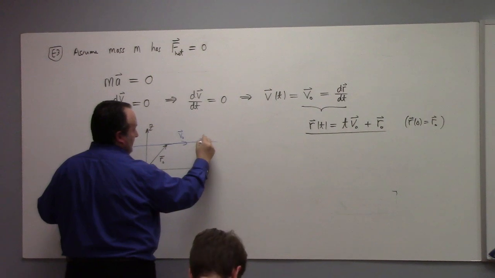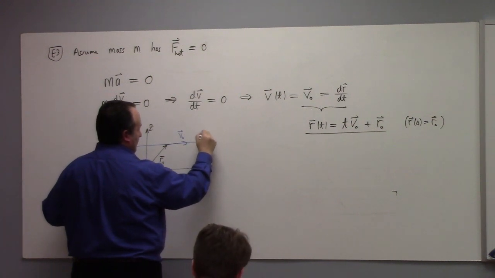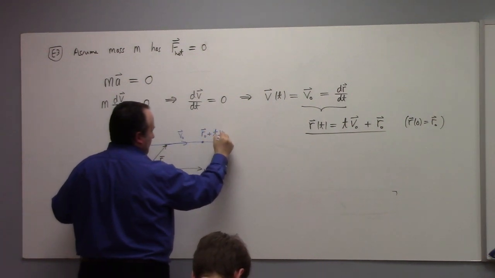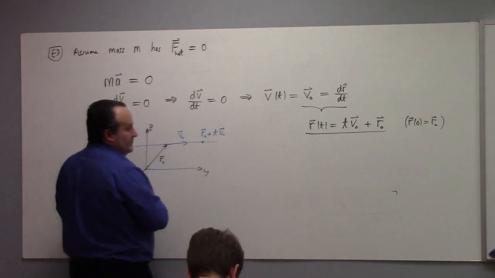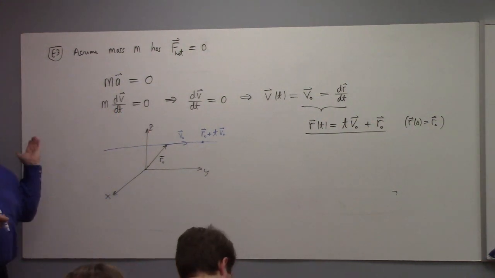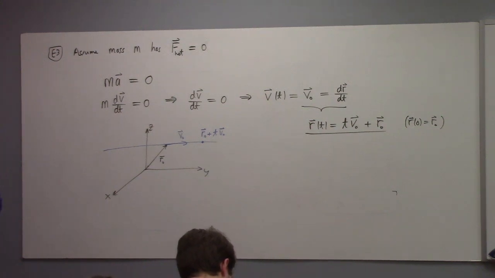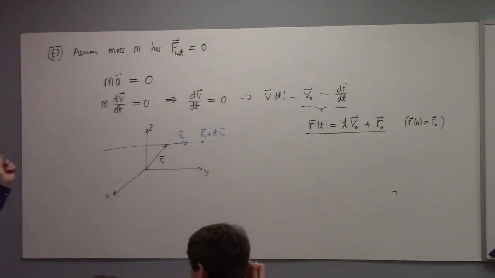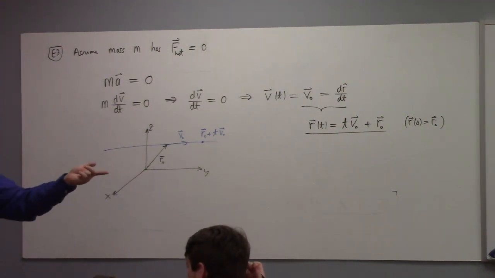So this point right here would be something like r naught plus t times v naught, right? What is this blue thing I'm drawing? What happens if you take a point and then you add multiples of one given vector? What do you get? This is a line.